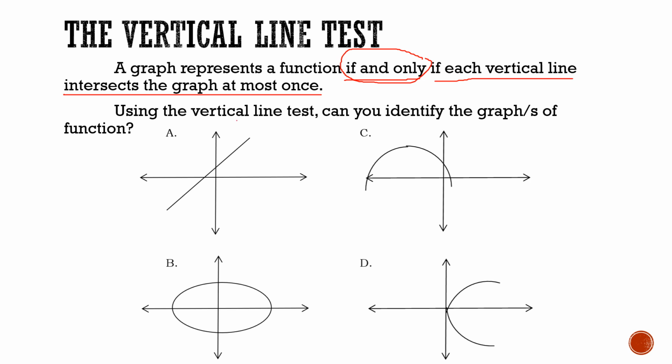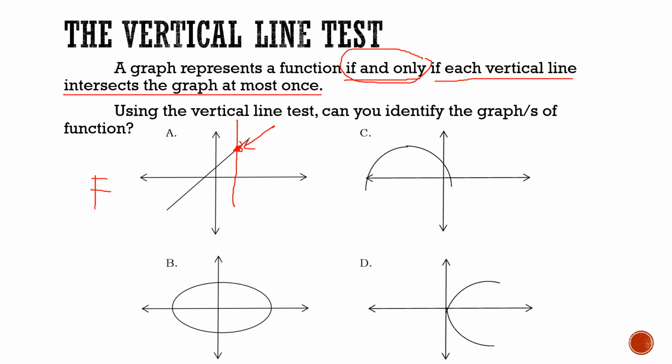As you can see, there is only one point of intersection between your graph, which is a line, and the vertical line that we apply. So the graph under A is a function because there is only one point of intersection between the vertical line and the graph, which is also a line.